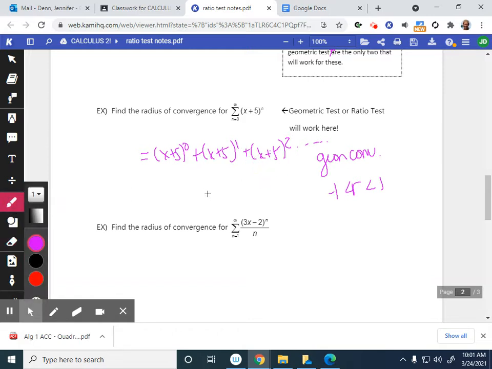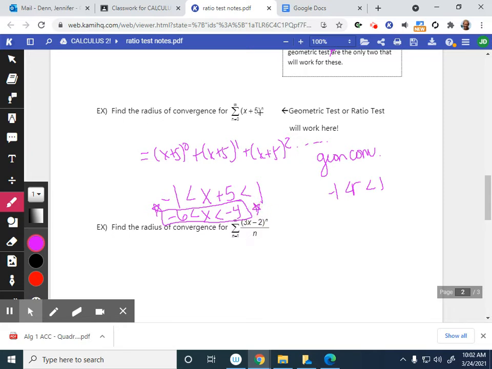I know my multiplier is x plus 5. That has to be between 1 and -1 for my series to converge. So therefore, x must be between, subtract 5 from both sides, -6 and -4 for the series to converge.